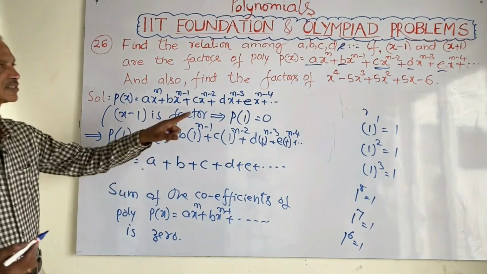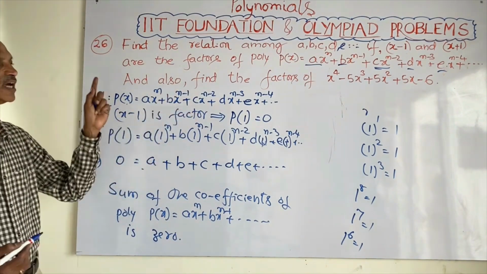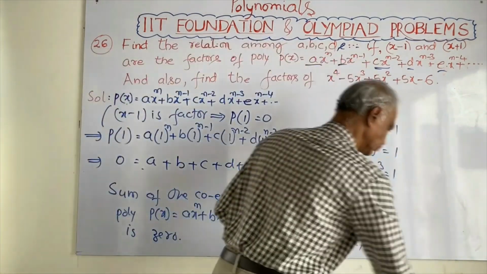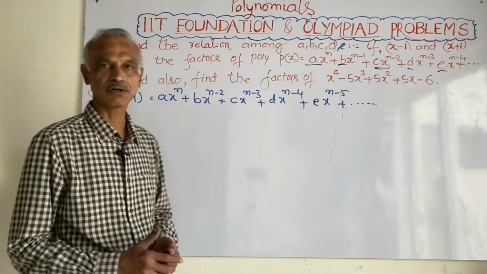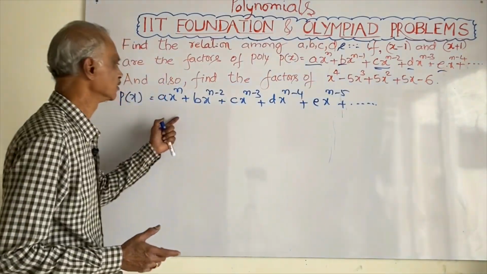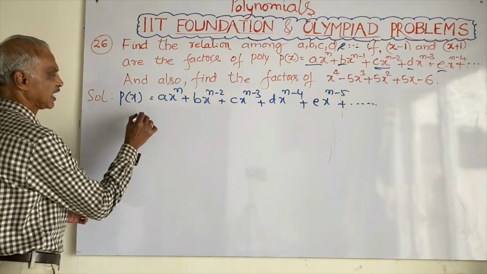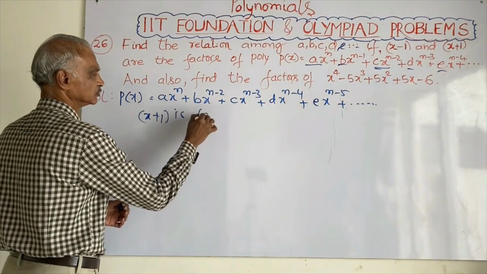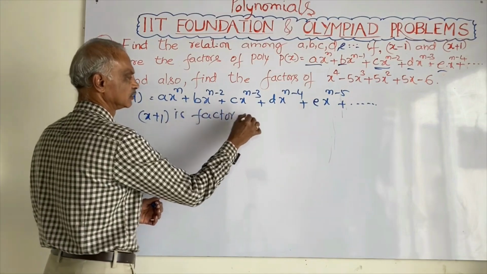Next I will take x plus 1 is the factor. What happens? We will see. Now, x plus 1 is a factor of this polynomial. If x plus 1 is a factor, what can you write?